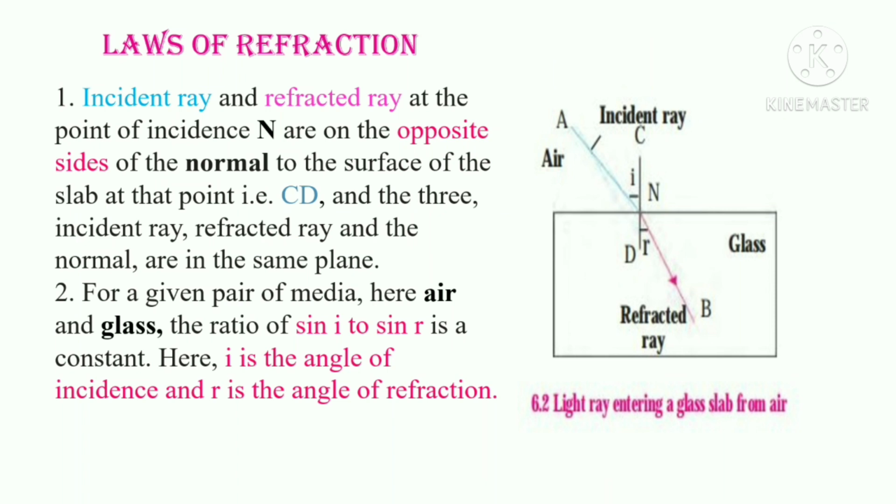For a given pair of media, over here you can see air and glass, the ratio of sin i to sin r is a constant. Here, i is the angle of incidence and r is the angle of refraction.